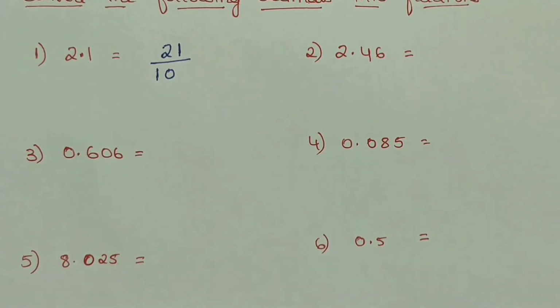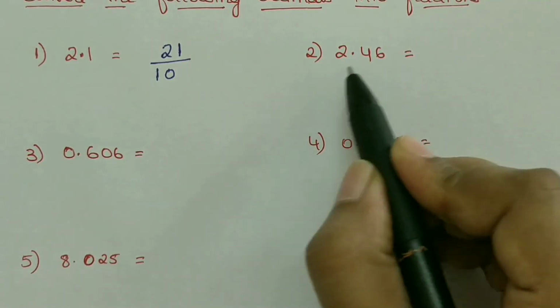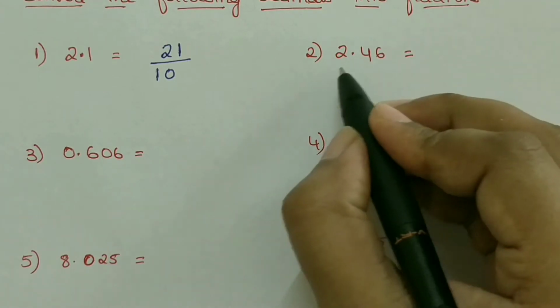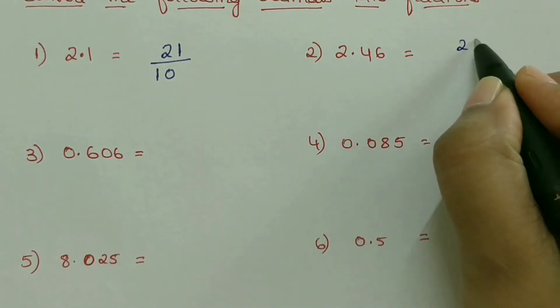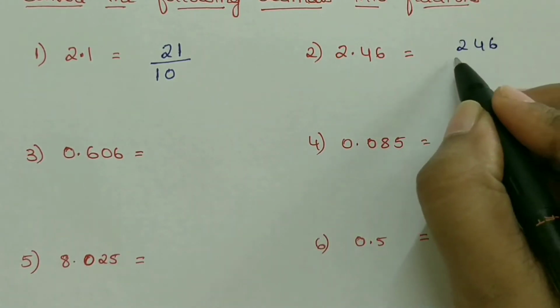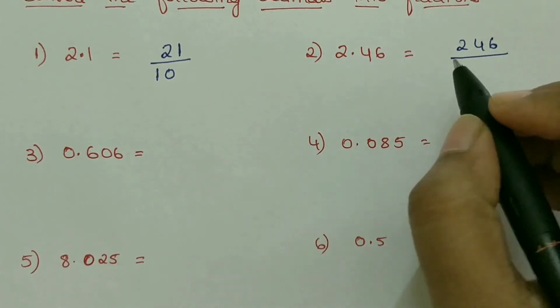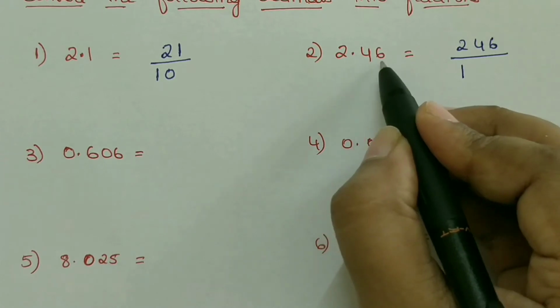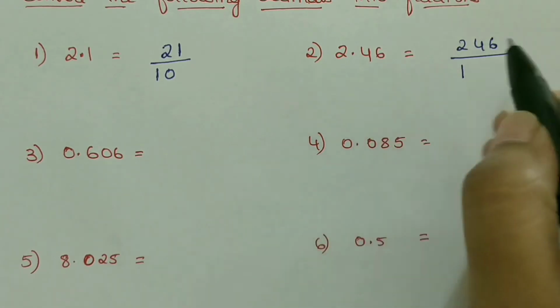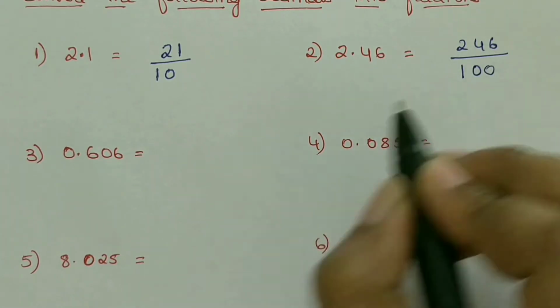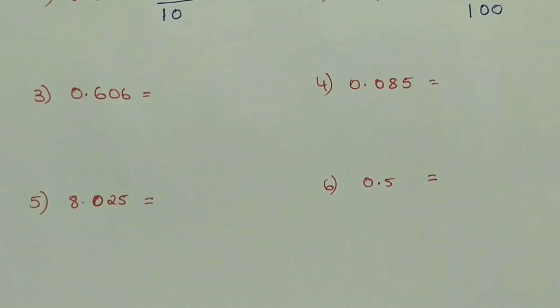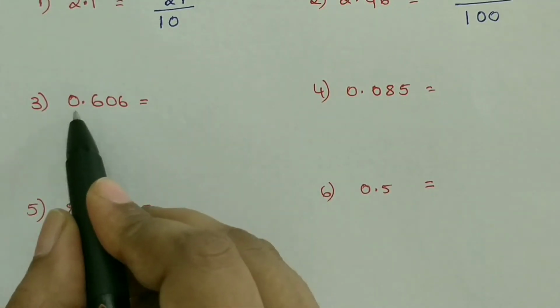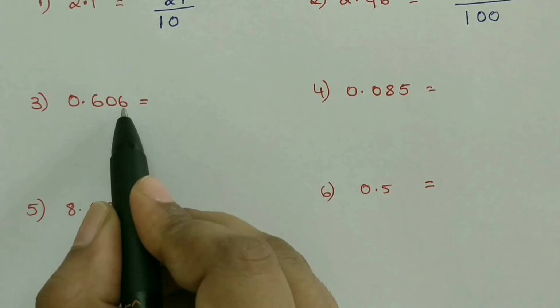Second example, 2.46. Neglect this point. Write it as 246 divided by, to the right side of 1, put zeros equal to the number of digits in the decimal part. 1, 2. So 2 zeros. Third problem, 0.606.